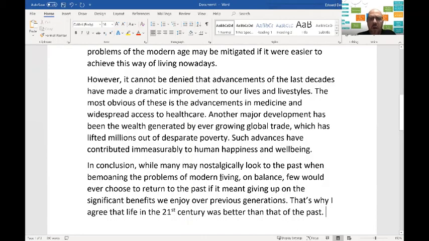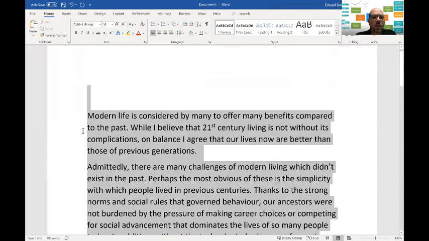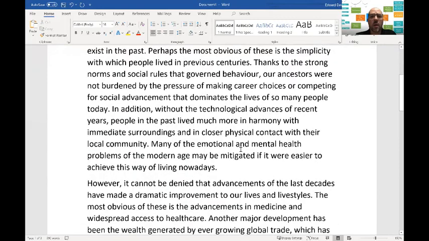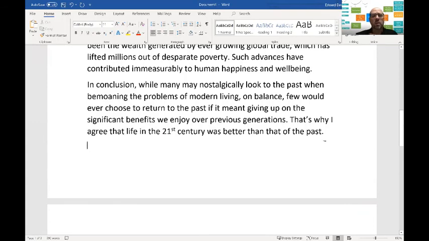Okay, I'll do a quick word count. It's 290 words, which is really, for task 2, you want to be trying to get closer to 300 than 250. 250 is the minimum word count. So 290 is a pretty good amount.